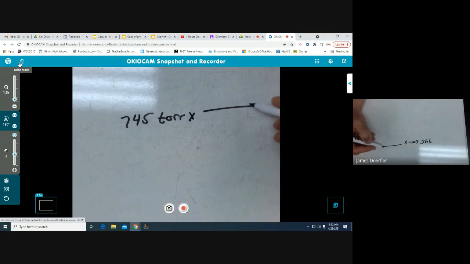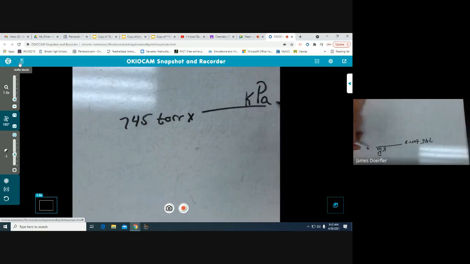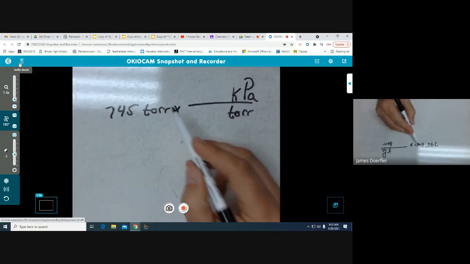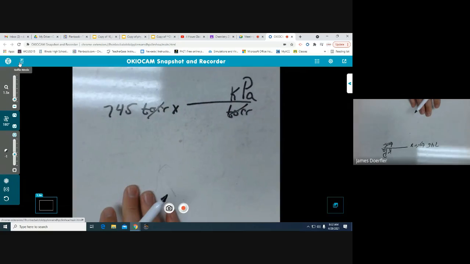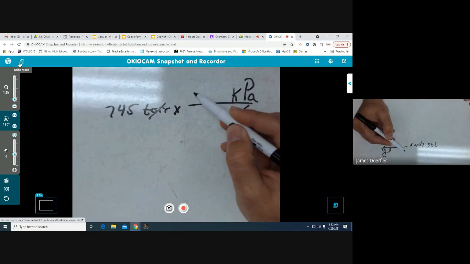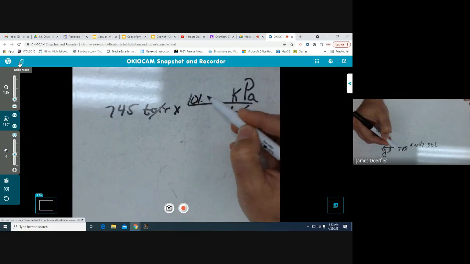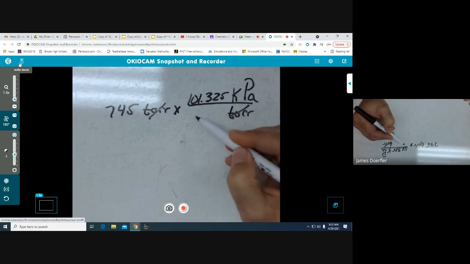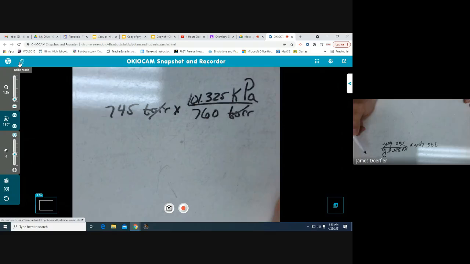So what unit goes on top? Not torr. It's what we need, so we get kilopascals. Torr goes on the bottom because we need to eliminate that. And so, again, using that slide with all the conversion units on here, what number goes up on top? 101.325 kilopascals over 760 torr.